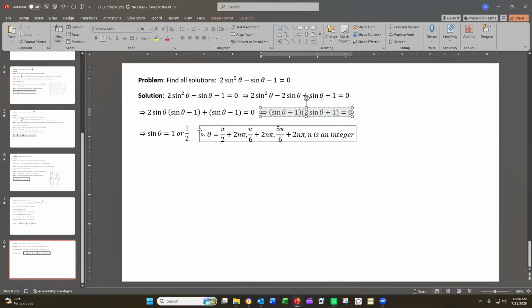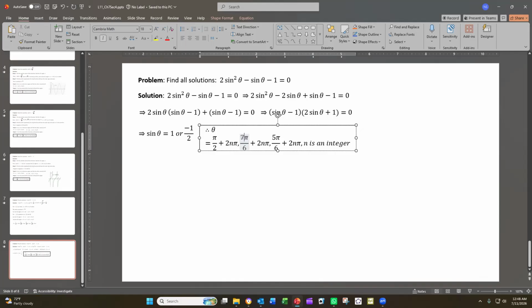So sine theta equals 1 or negative 1/2. Sorry about this, guys. I'm after all human. So pi over 2 takes care of this. And negative 1/2 would be third and fourth quadrants. So pi over 6 plus pi, so I have to make this into 7 pi over 6.